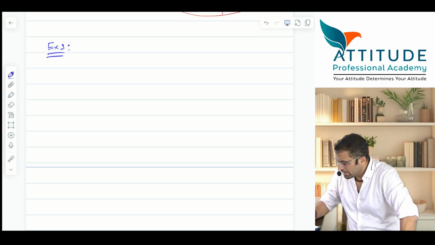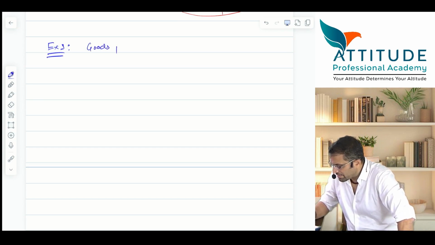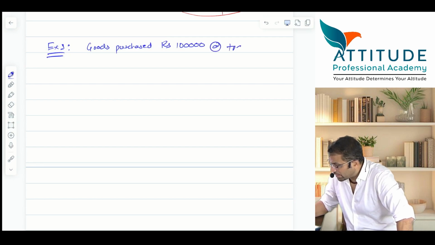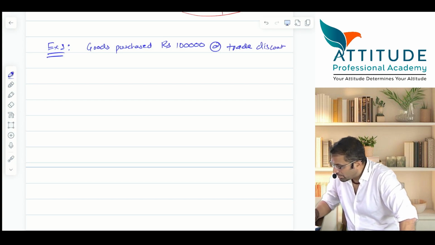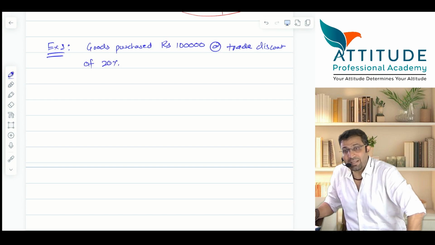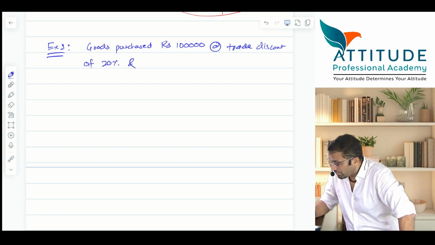Please answer this. Goods purchased, rupees 1 lakh at trade discount of 20%, and CGST and SGST at the rate of 6% each.